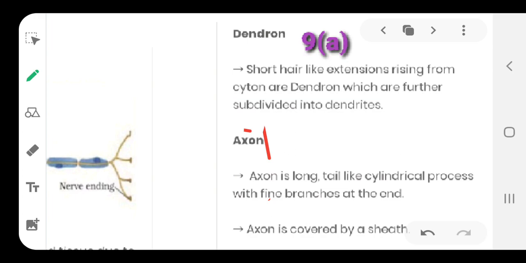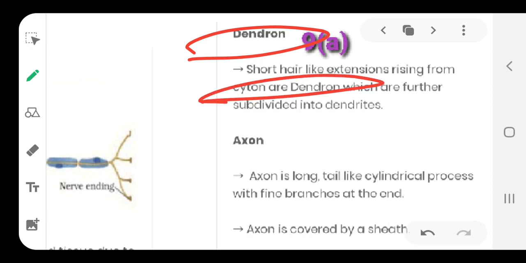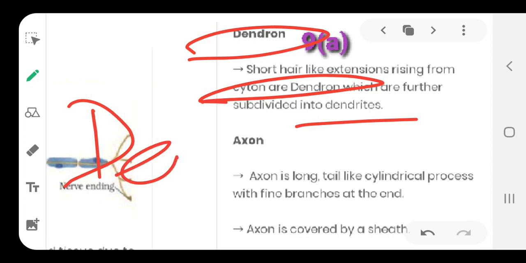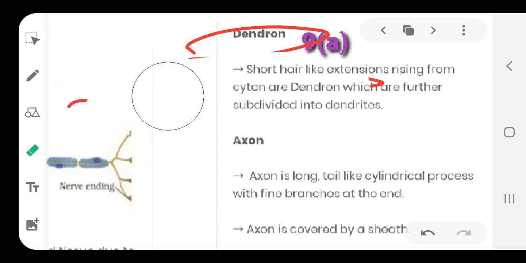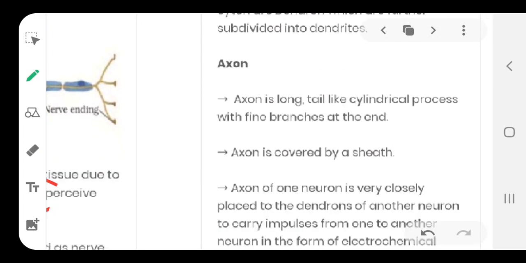Then you can see the parts which we have just told you. One is dendron. These are the hair-like structures which arise from the cyton, and dendron is further divided into smaller branches, which you can call dendrites. So write down the word dendrites. These are some new terms, very important from the examination point of view, so write them very carefully. Then I have told you they have a long tail called axon.